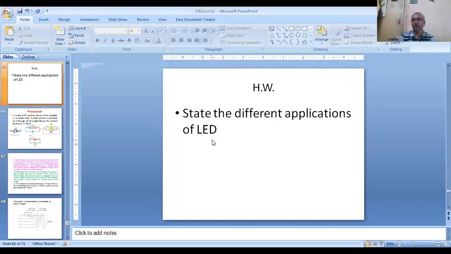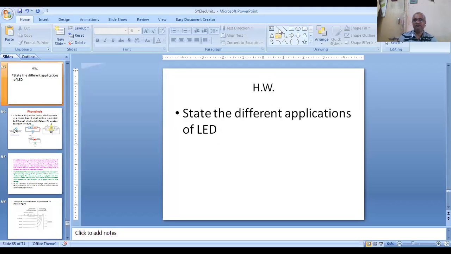Only 4 or 5 students have submitted the homework, the remaining have not. The remaining students must submit it because I am keeping the record of all the things. I will put the final marks of the internal examination depending on these activities.